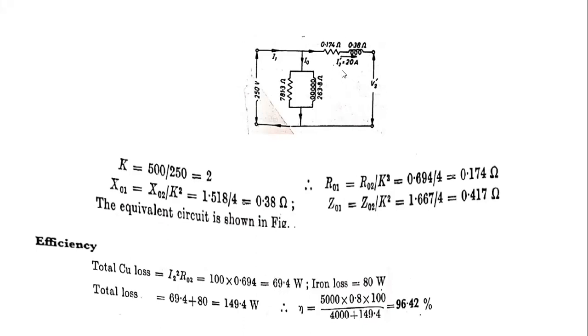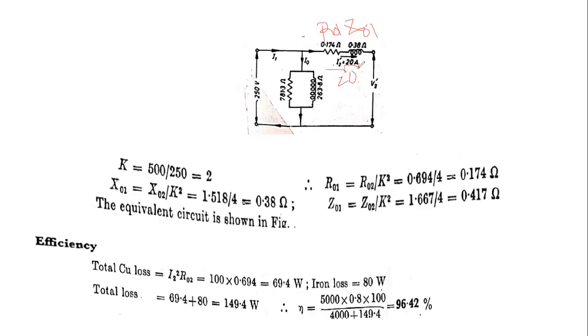That is R01 and X01, the equivalent circuit parameters of a transformer referred to the primary winding. This is R01 and this is X01. Total, this is Z01.